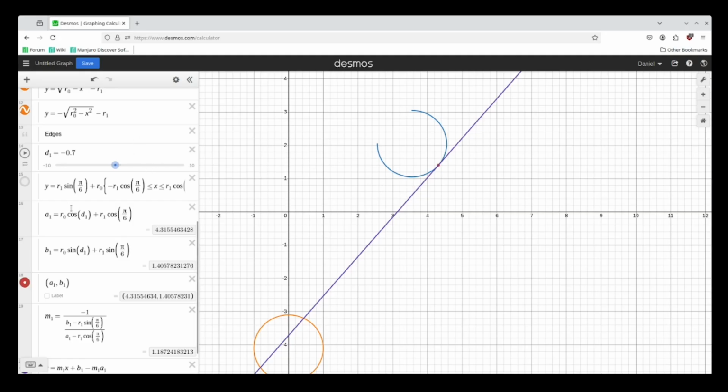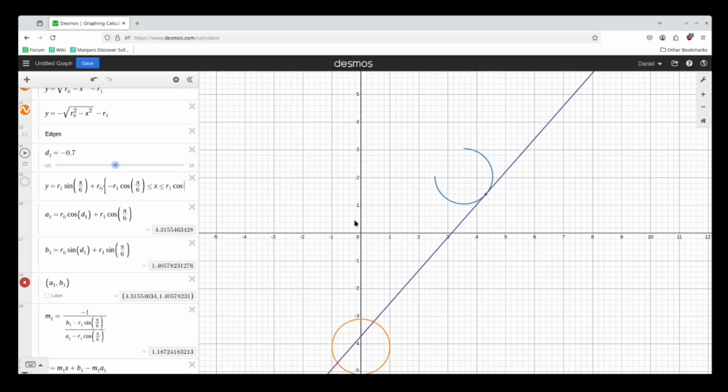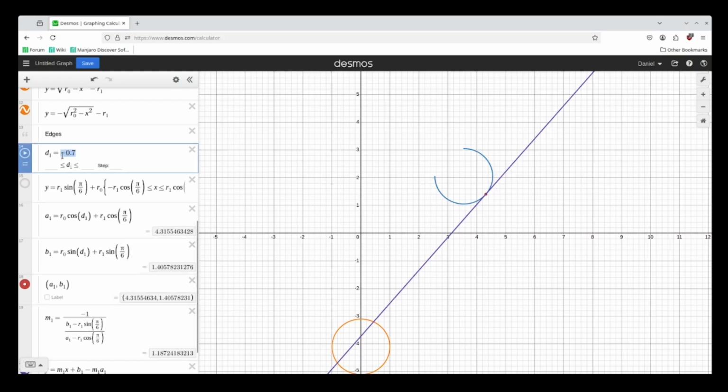Now in terms of which angle to pick for this one, we know that from this line up to this point, from earlier, we calculated this to be 30 degrees, which should be pi over 6.